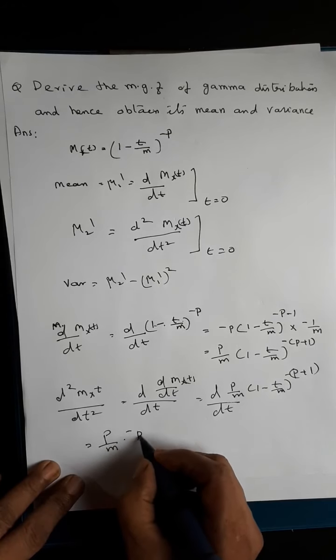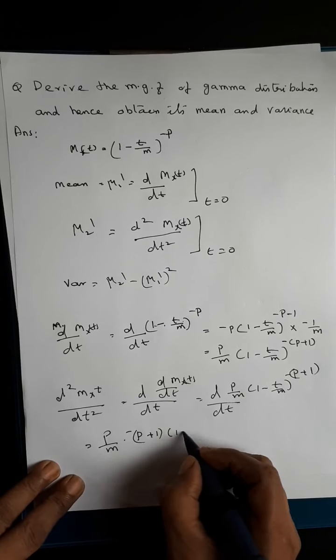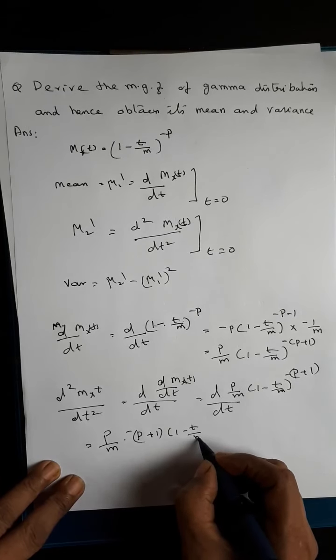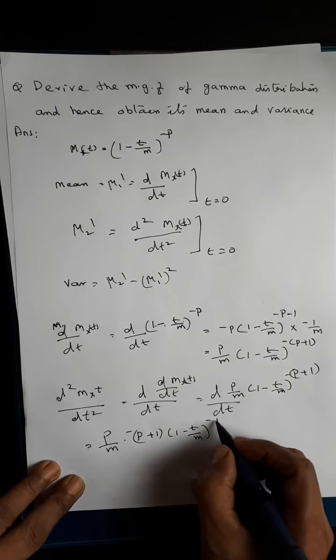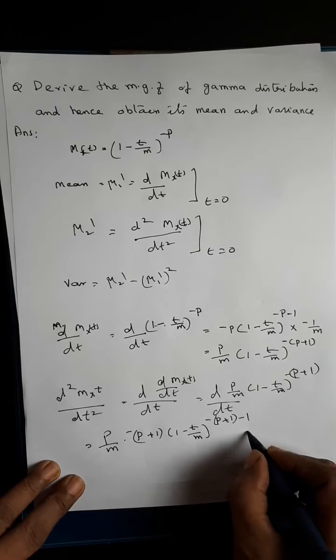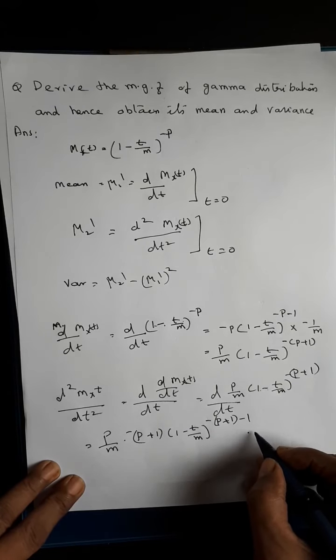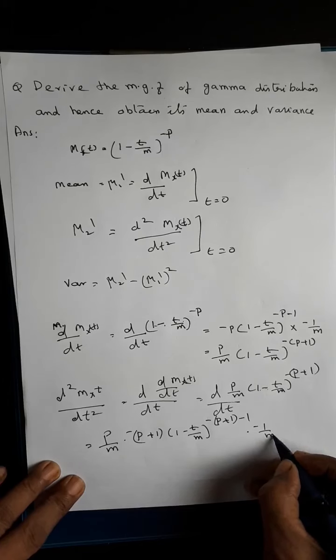Into minus p plus 1 into 1 minus t by m raised to minus p plus 1 minus 1 into derivative of 1 minus t by m is again minus 1 by m.